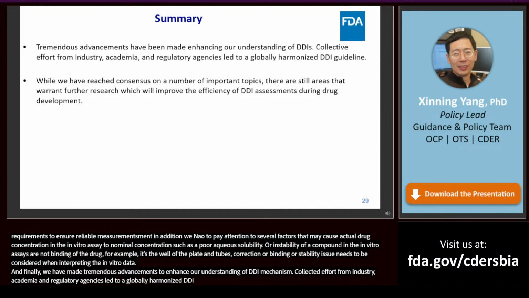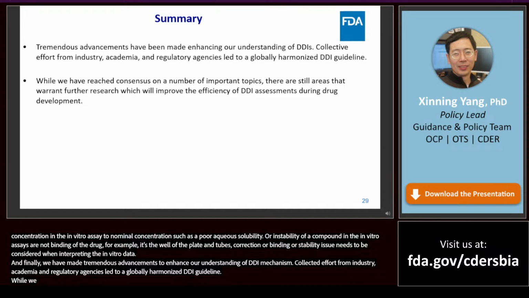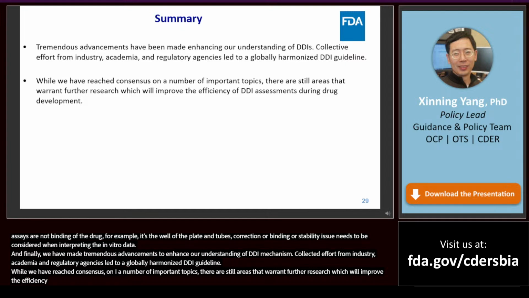While we have reached consensus on a number of important topics, there are still areas that warrant further research, which will improve the efficiency of DDI assessment during drug development, including several topics I mentioned earlier.